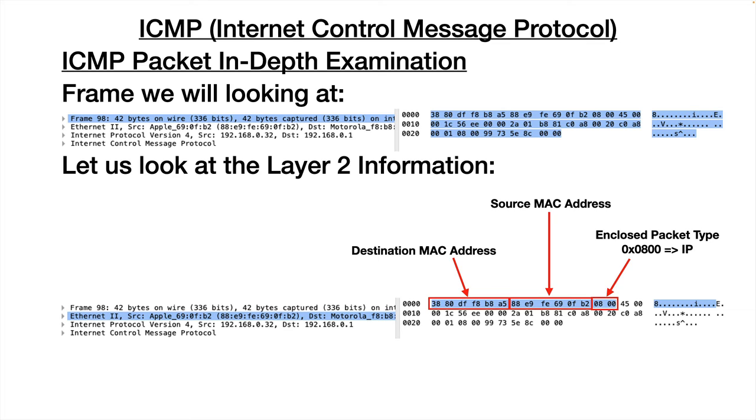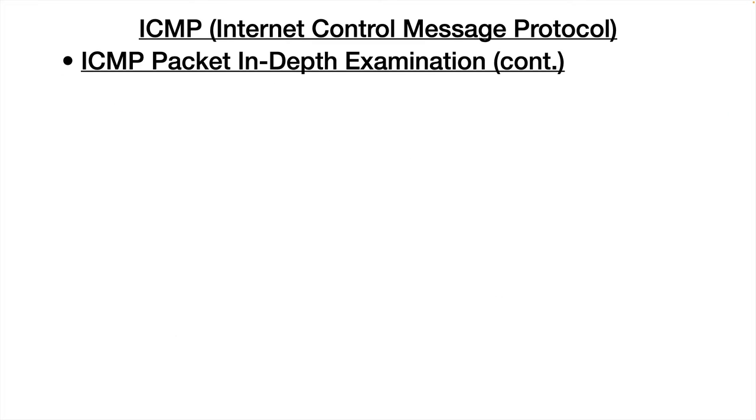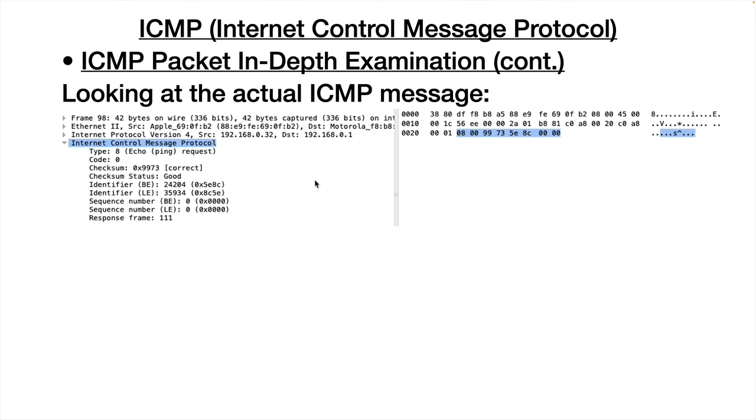So ICMP is a type of IP packet, is what I really wanted to point out by looking at that. Now, if we go down to the bottom where we actually have the ICMP message, notice that I've clicked ICMP on the left side.